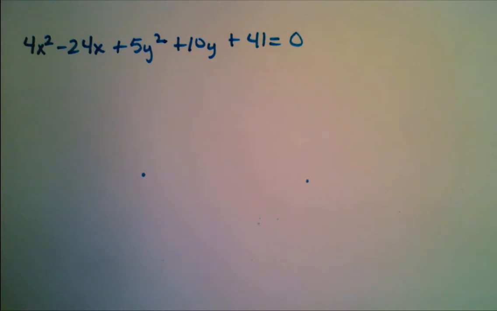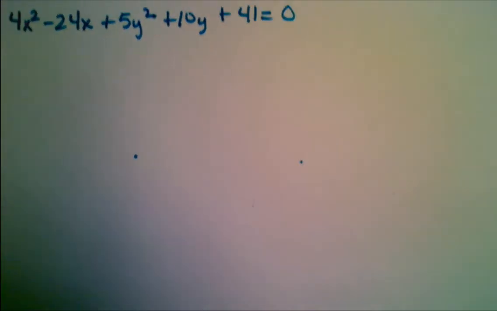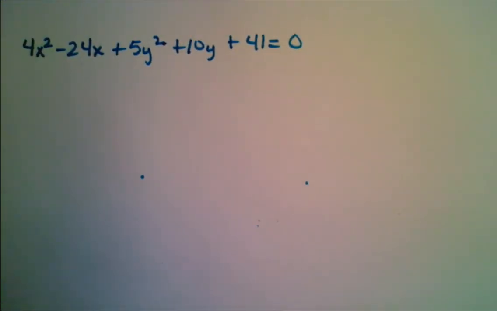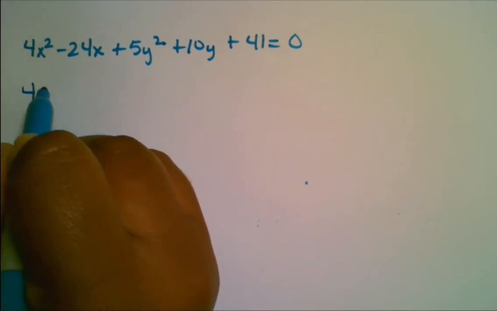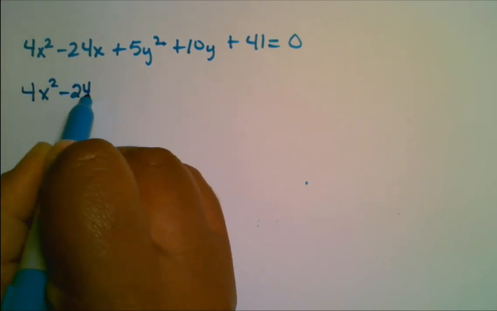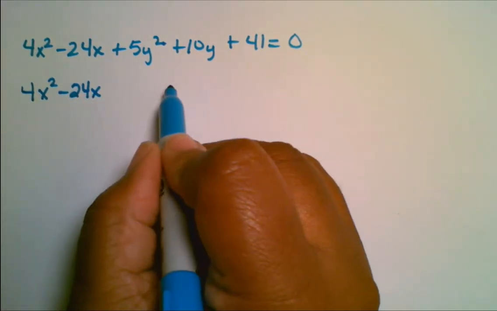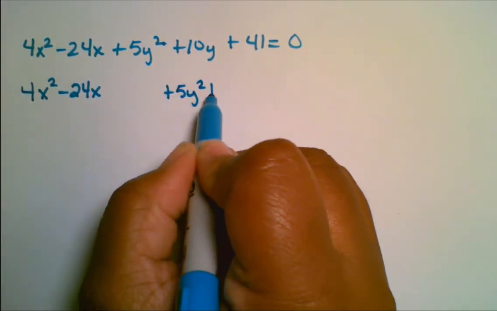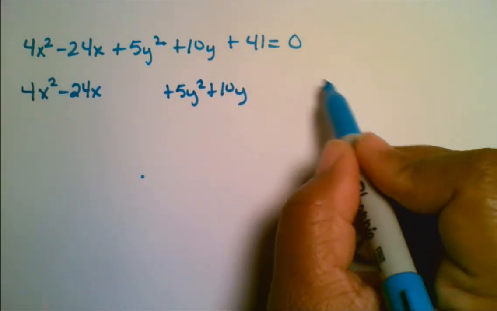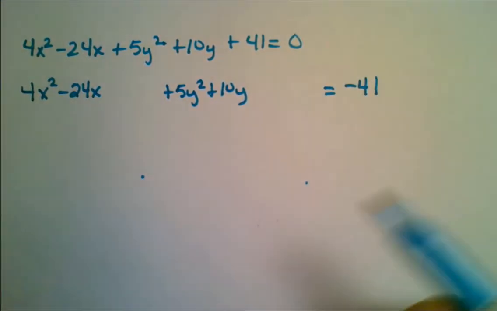So let's transform this equation where we're going to complete the square. Let's bring together our x terms, leaving some space between the x terms and the y terms, plus 5y squared plus 10y equals, we're going to subtract 41 from both sides.